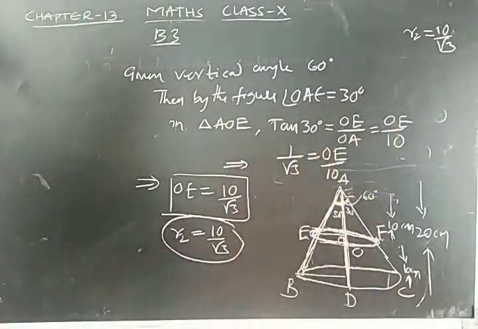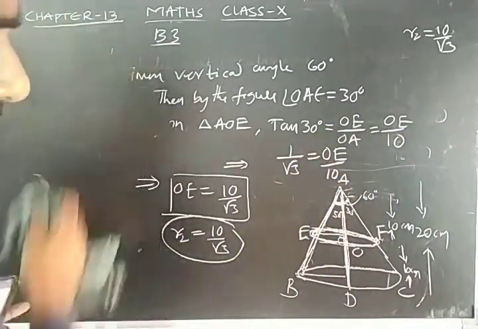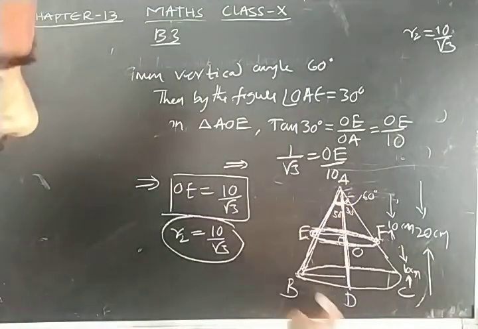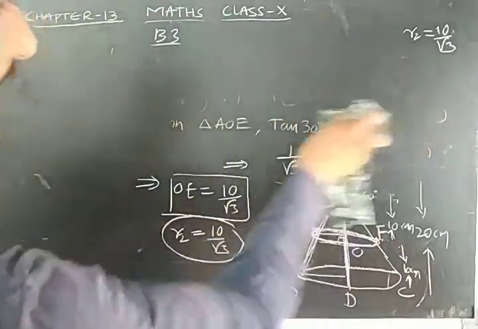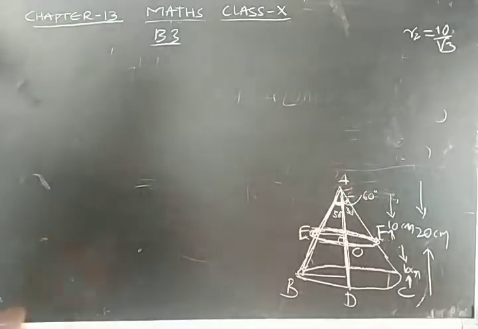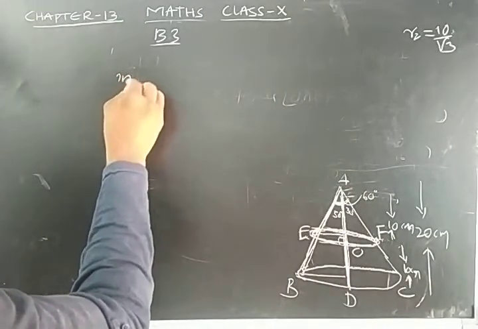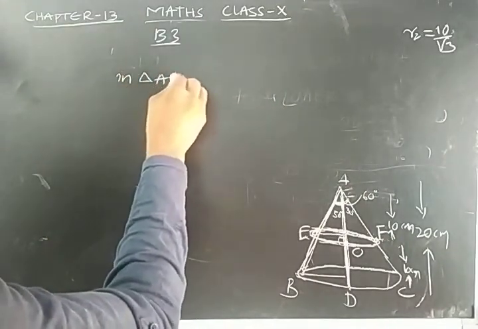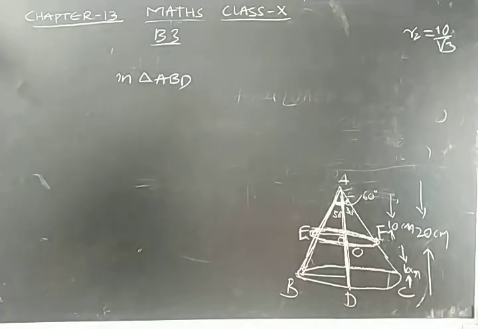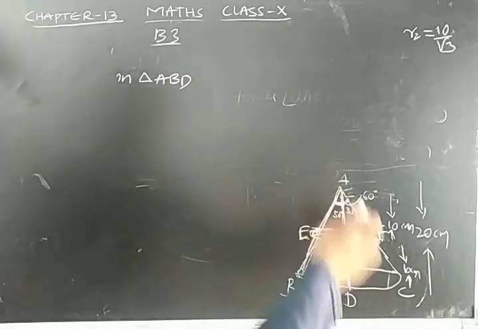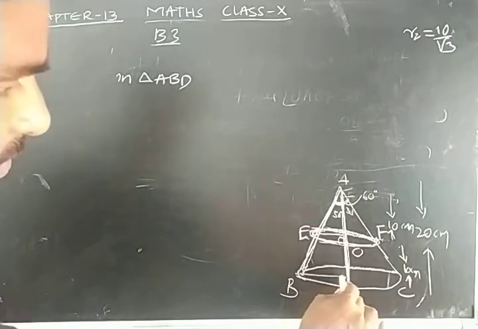And for the frustum of the cone height, again I am taking the bigger triangle ABD. In triangle ABD, here we have 90 degrees.